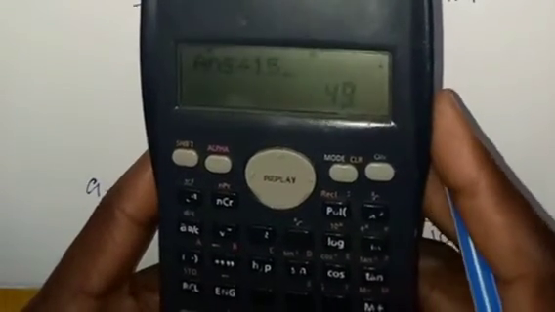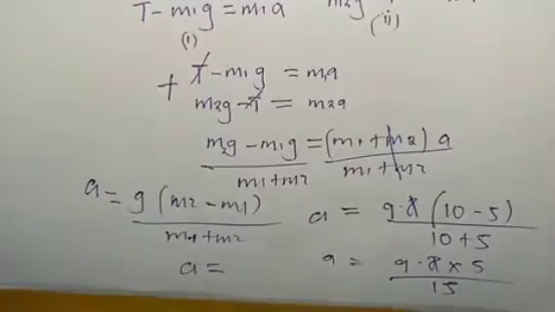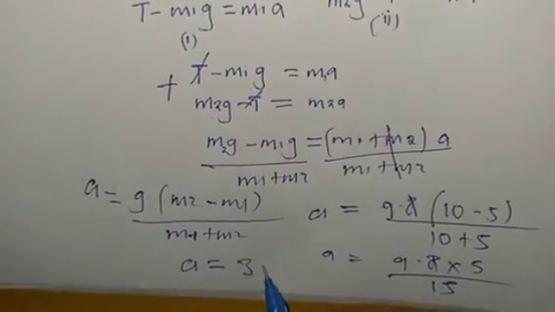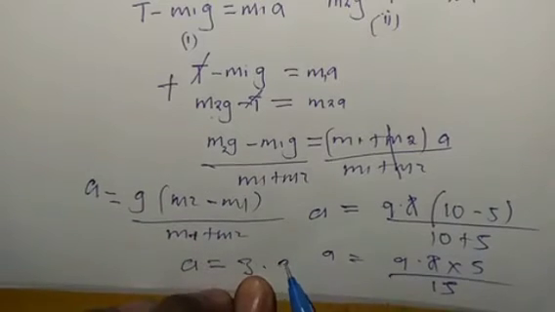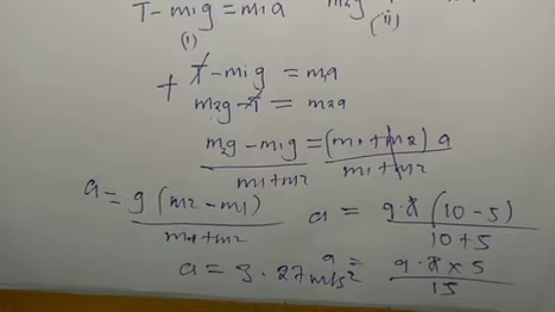You divide this by 15 and we are going to get 3.27, so meaning that the acceleration for this one has to be 3.27 meters per second square. This becomes the acceleration for the entire system.